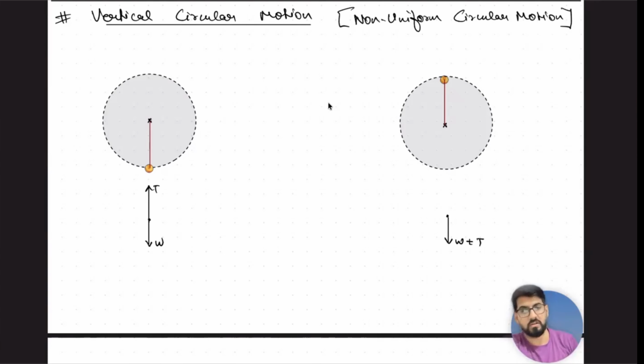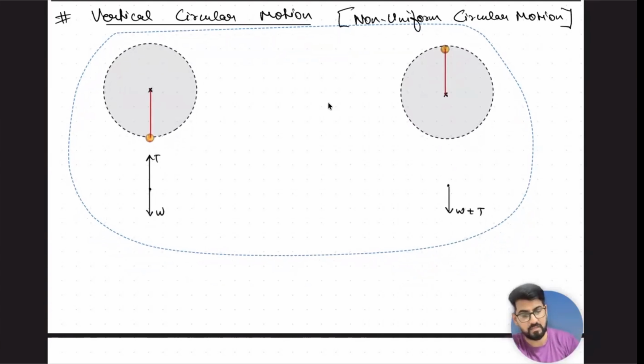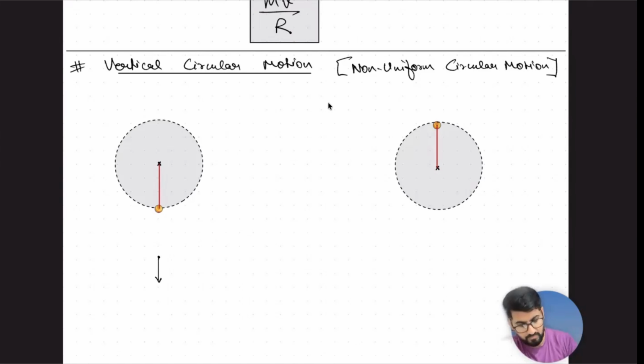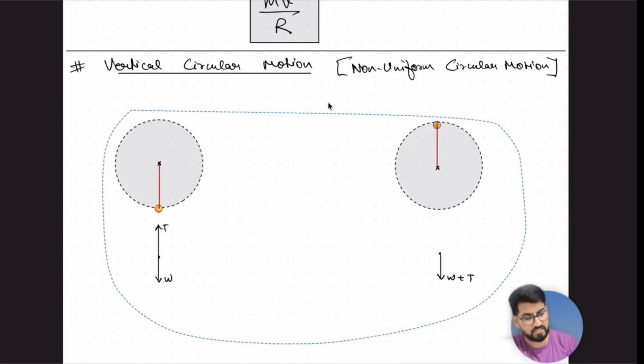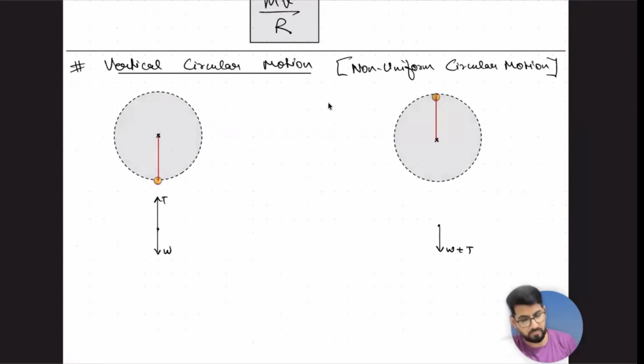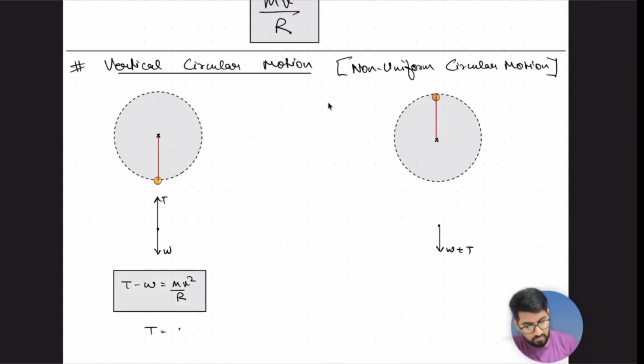So as I mentioned in the previous part, the net force acting towards the center will be my centripetal force. So we know that the net force acting towards the center is the centripetal force. So I can simply say here T minus W is mv square by r. This is my equation here. So tension here will be mv square by r plus W.